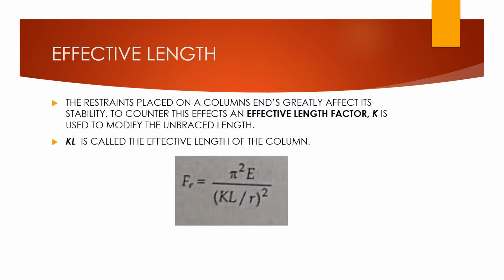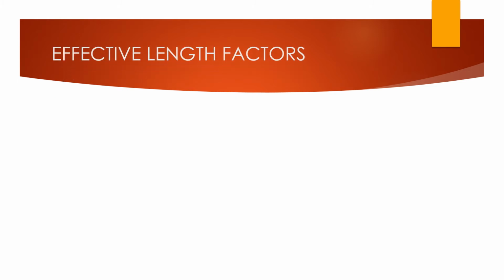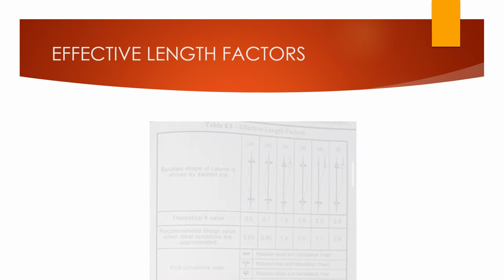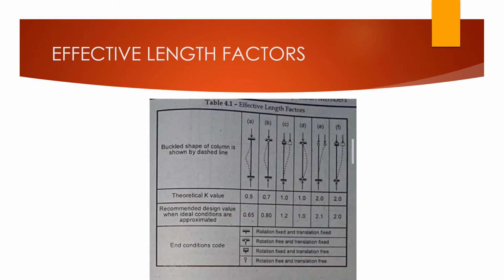So, kanina, sa makita ninyo sa formula, instead nga L lang ang diadire, if ever i-restrain ang tumoy sa usa ka column, mao nang kailangan i-counter para dili makaapekto sa stability sa column. Mao ning effective length factor K mabutang sa atong formula. So this is the effective length factors table. Makita rin siya sa libro sa Gillesania, page 159.